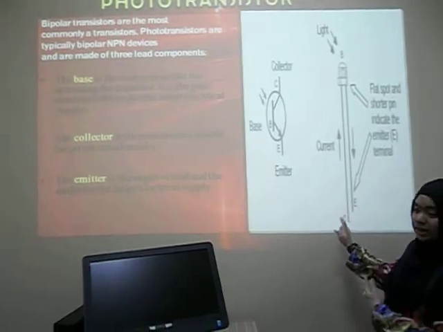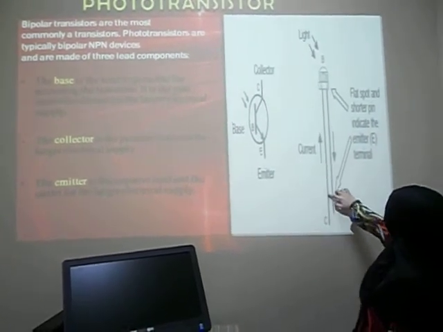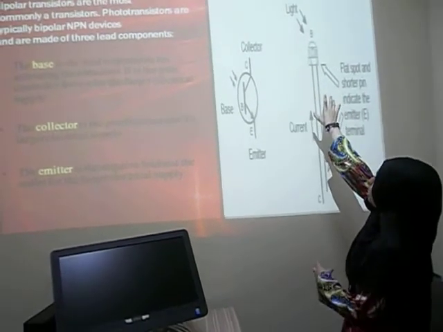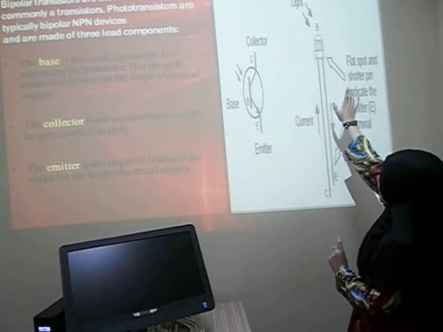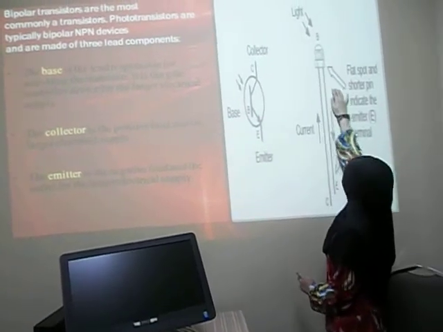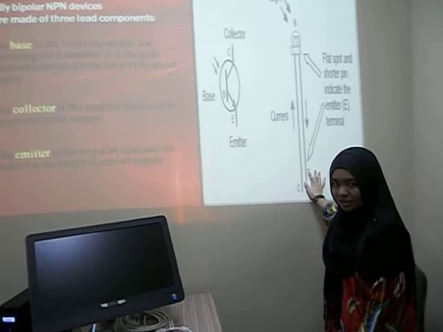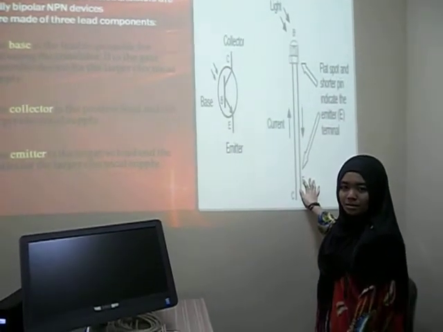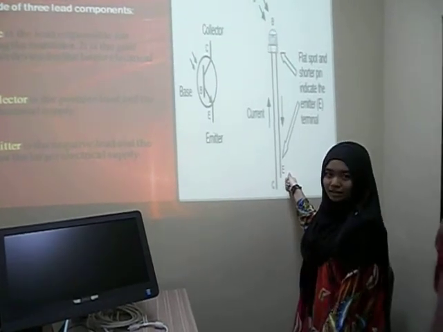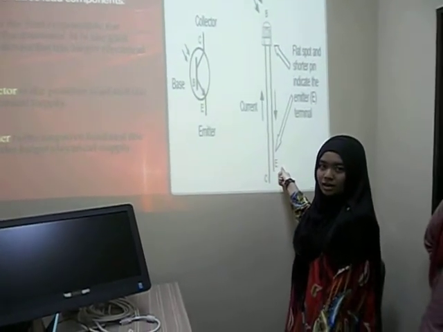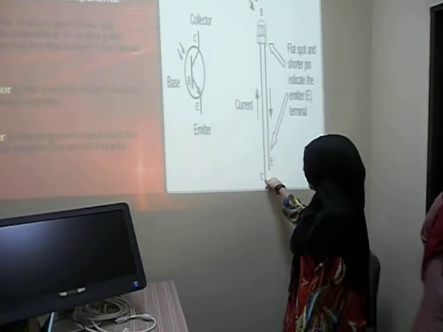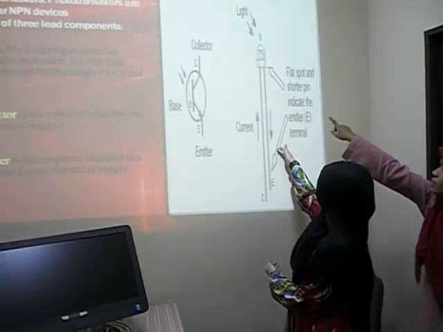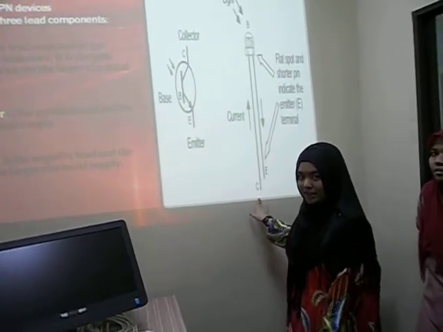As you can see, the base will detect the light, so the current will flow and go back to the emitter. Which one is the positive and negative terminal? The long one is positive. The cathode is the emitter, and the anode is the collector.